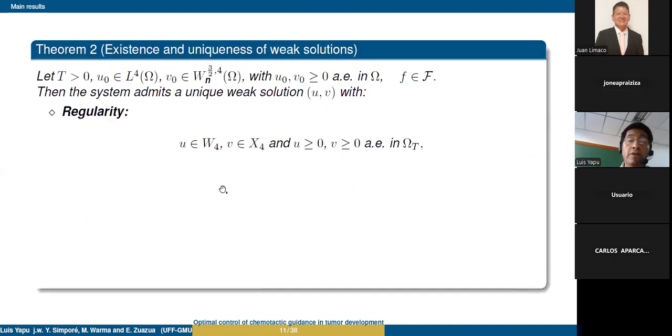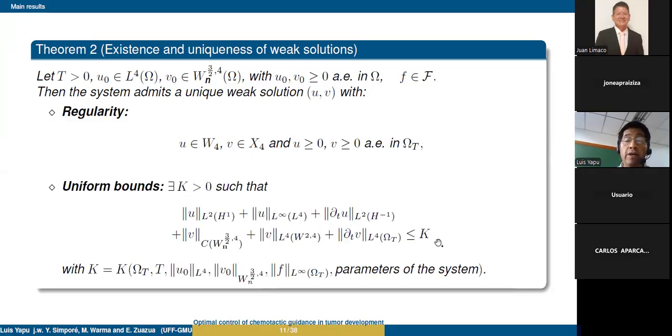The first result is the existence and uniqueness of the solution. Starting with these initial conditions for U and V, positive, non-negative, there exists and admits a unique solution UV which is positive in the spaces we defined just before, and we have the control of the norms.